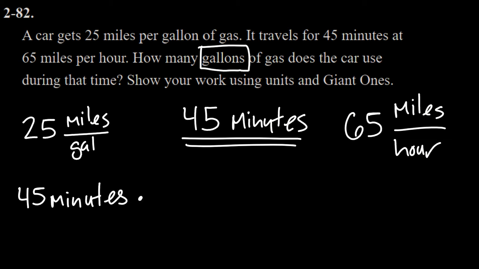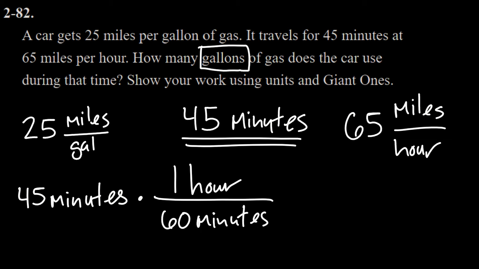Now I'm going to multiply that by a giant 1, and the giant one I want to multiply it by is going to get rid of minutes, and it's going to turn that into hours. So I know that 1 hour is the same thing as 60 minutes.